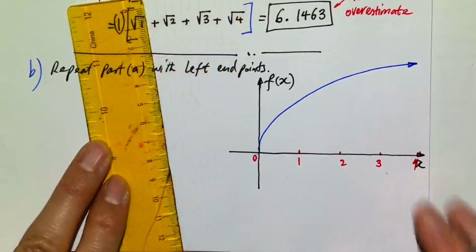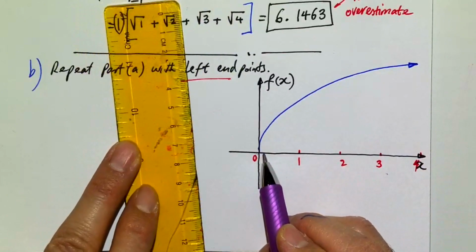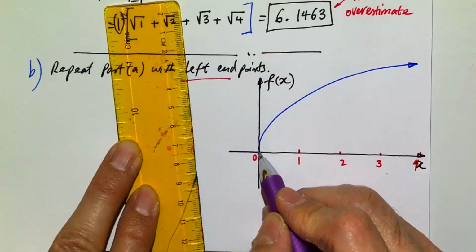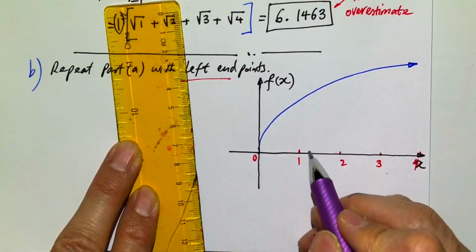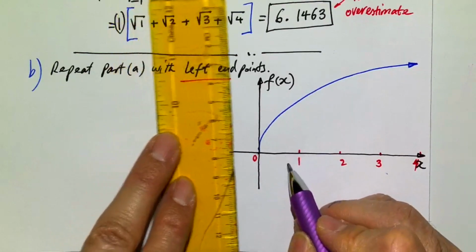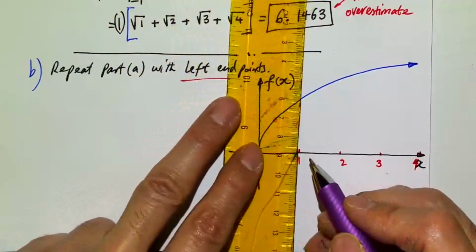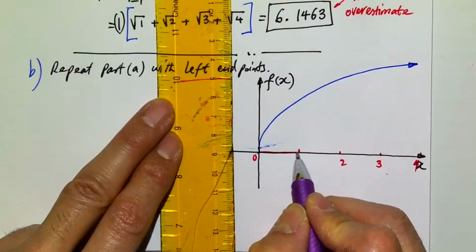So this time we're using the left endpoints. So this one, clearly that's just at 0. It's not going to give us any rectangle. And so the next one would be here. So that one would be right here, which is 0.